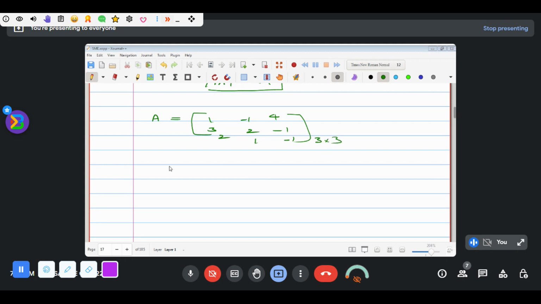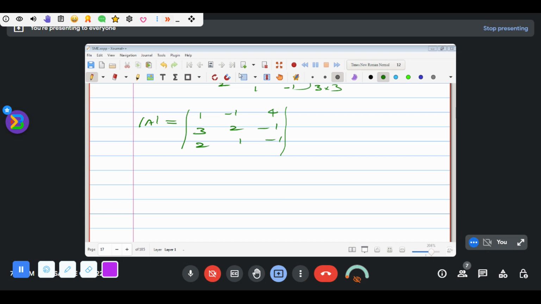Now the calculation part: how to find the determinant of A, the determinant of 1 -1 4 / 3 2 -1 / 2 1 -1. This is a very important one. The sign is very important in the first row.